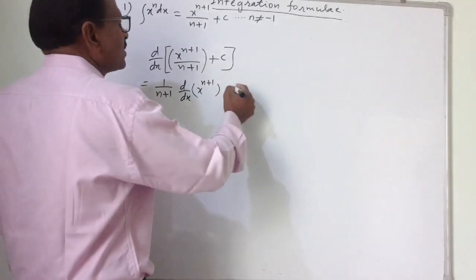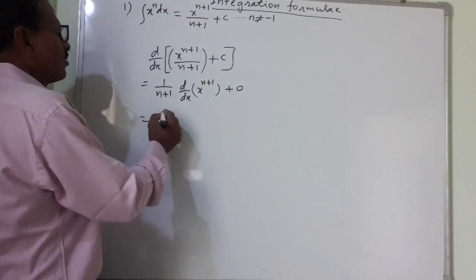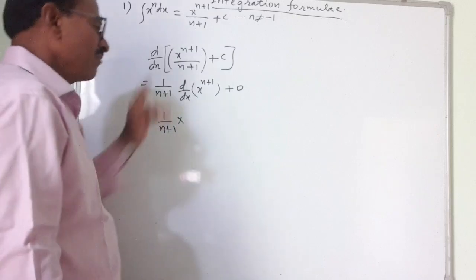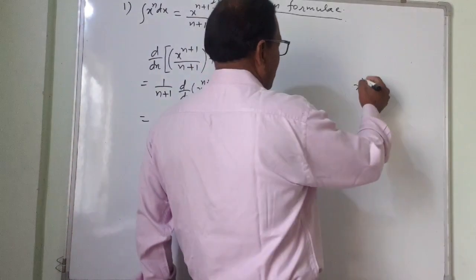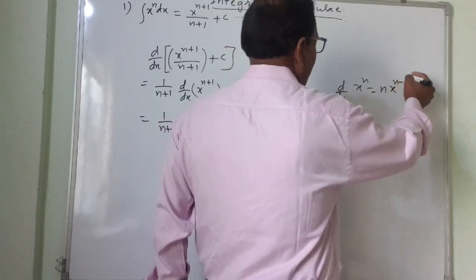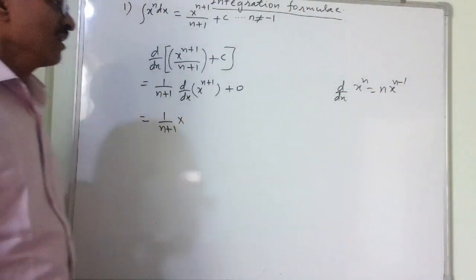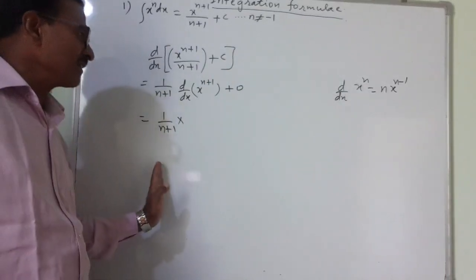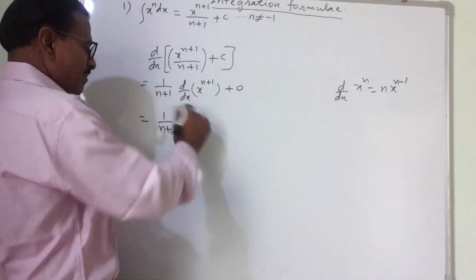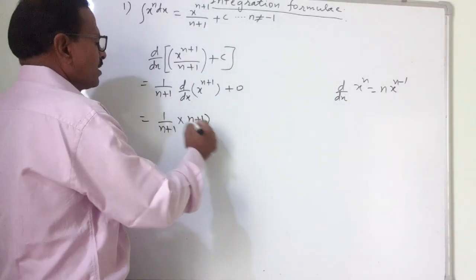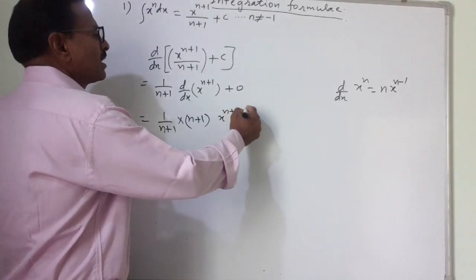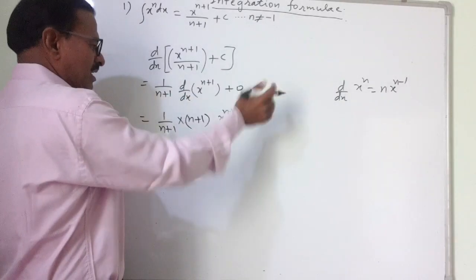And plus derivative of c, 0, that is equal to 1 upon n plus 1 into derivative of x raised to n plus 1. What is that formula? D by dx of x raised to n is equal to n into x raised to n minus 1. That is the formula. It means take this index backside and subtract 1 from the index. So I am taking n plus 1 here, into x raised to n plus 1 minus 1.